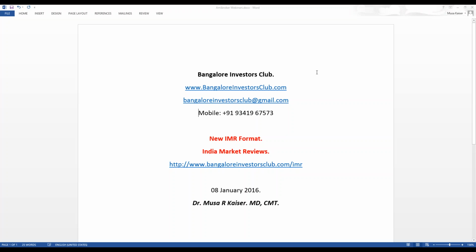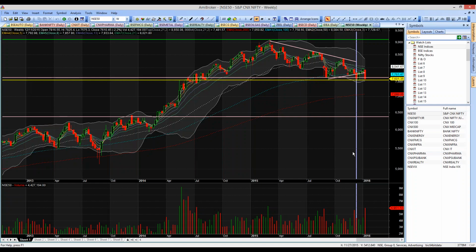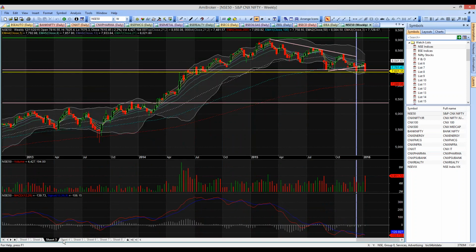Okay, so let's jump into it. First of all, I have sent you all in the mentorship group the template for this. In AmiBroker, as you all know, there are multiple sheets that we can use for each of the charts.